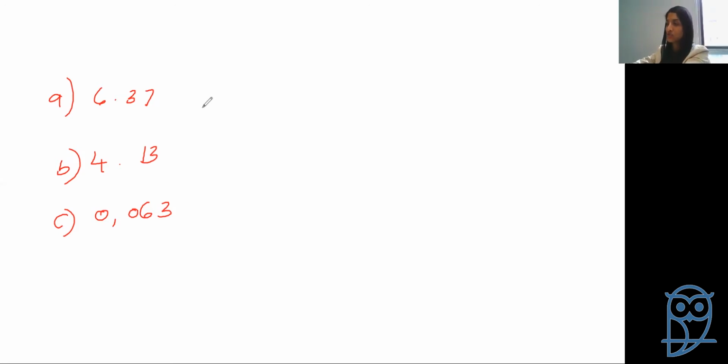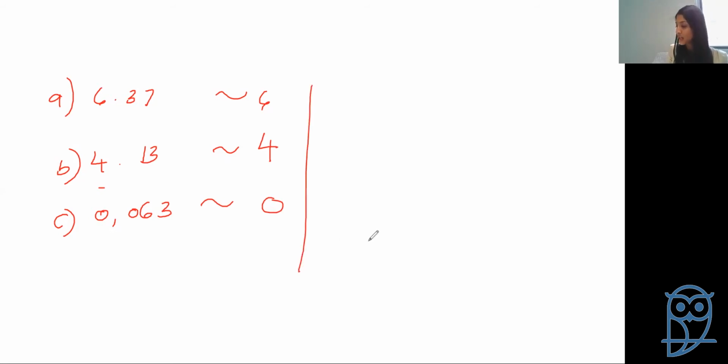What would I need to do? Okay, the first one is 6.4. The second one is going to be 4.1, and the last one here is 0.1. Okay, that's to 1 decimal place.